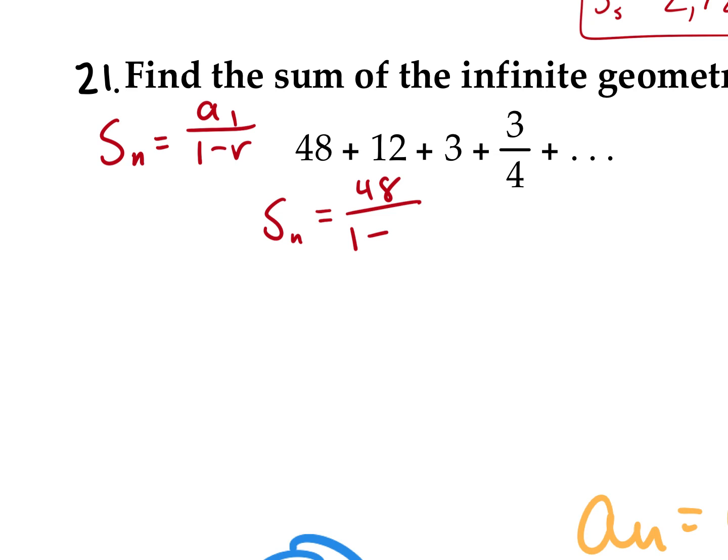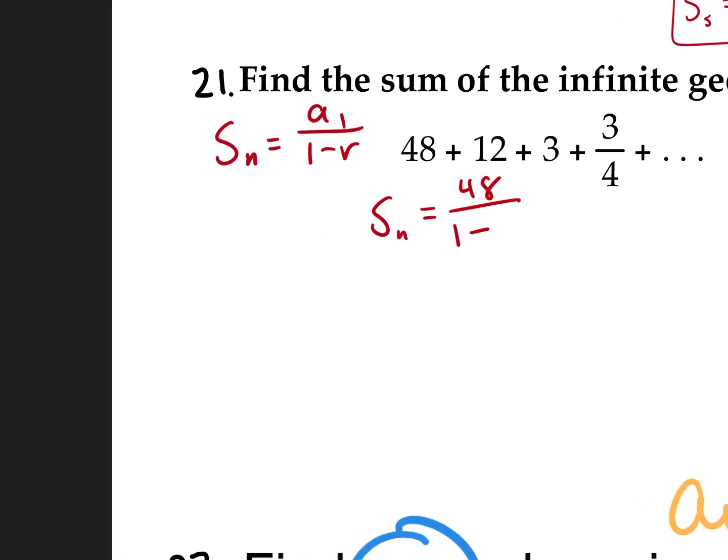What's our ratio? If it says exact, it can't be a decimal. So here we are multiplying by what to get from one number to the next? 1/4. We can find that by dividing 12 by 48, which would be 1/4. So our common ratio is 1/4.